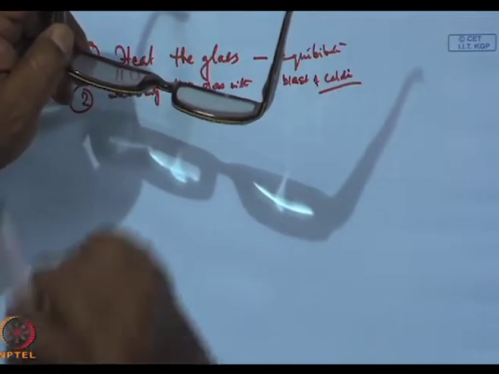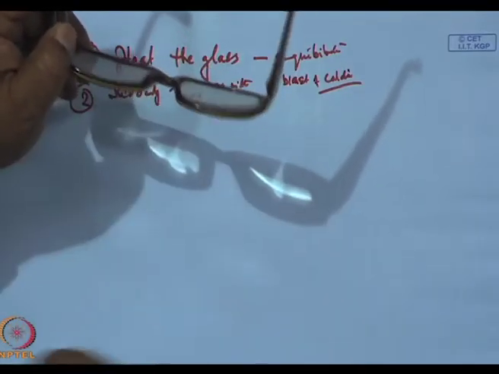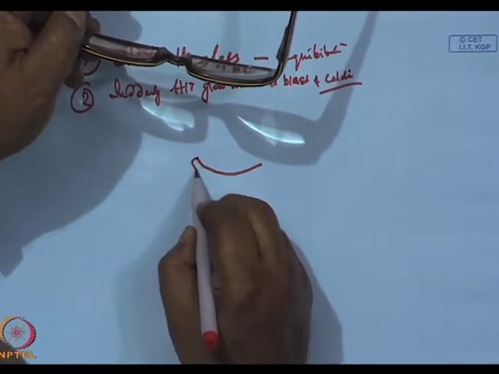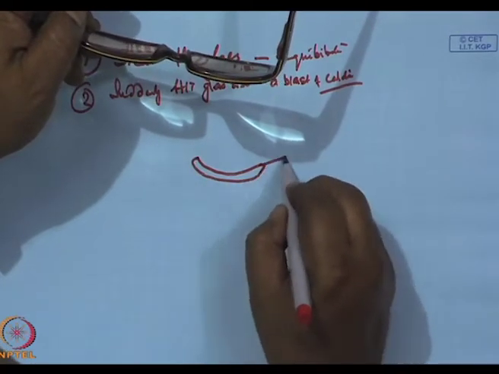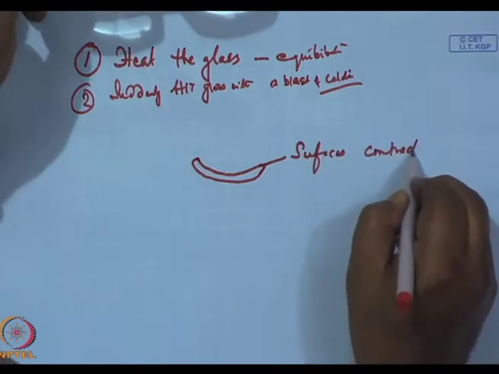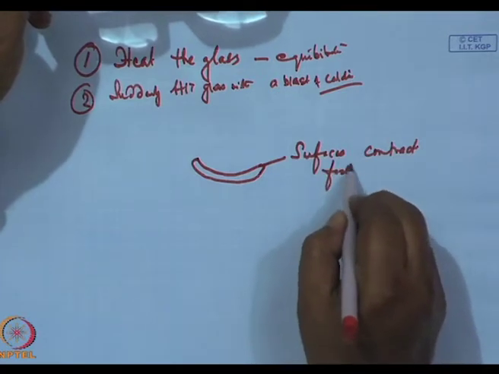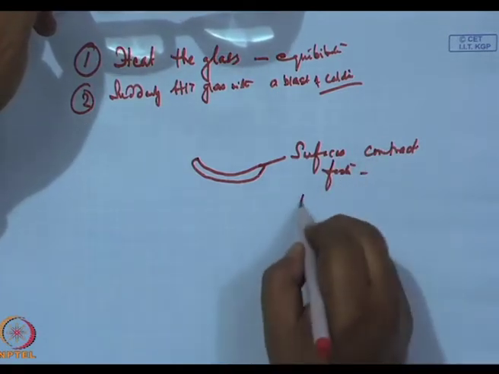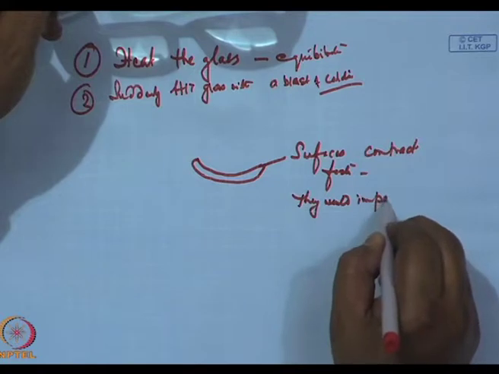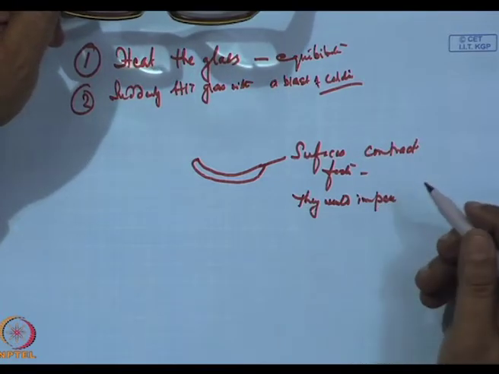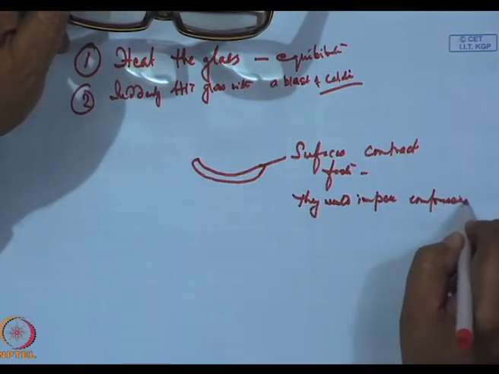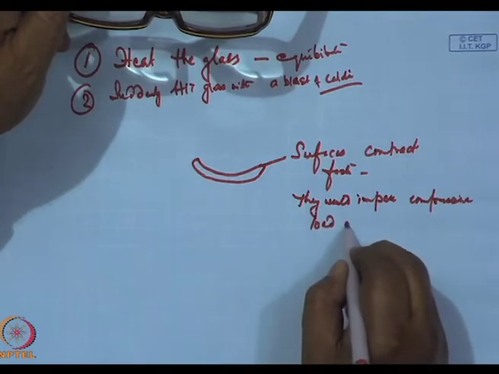Then, when they are blasting with cold air, the surfaces will get cold faster. And as a result, because the surfaces contract faster, they would impose compressive load on glass.